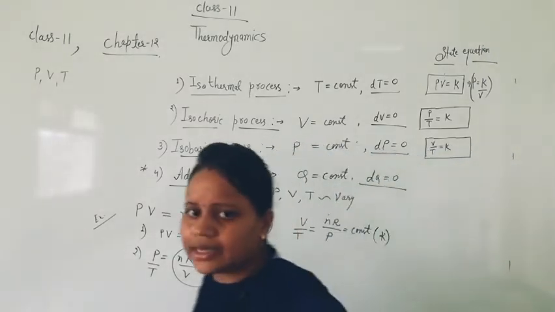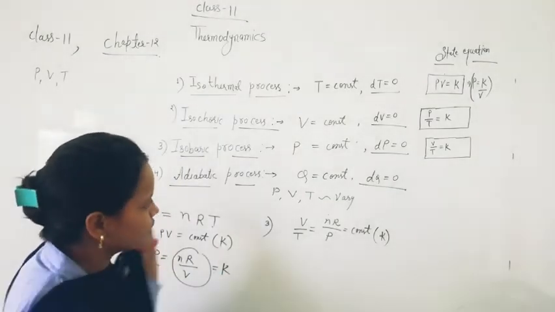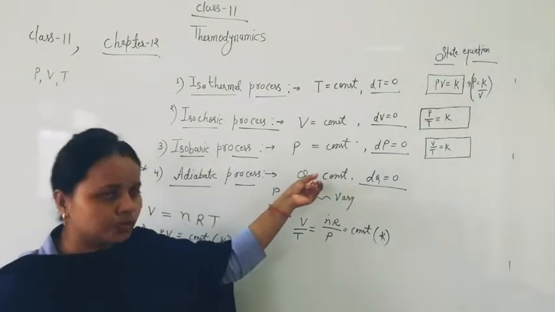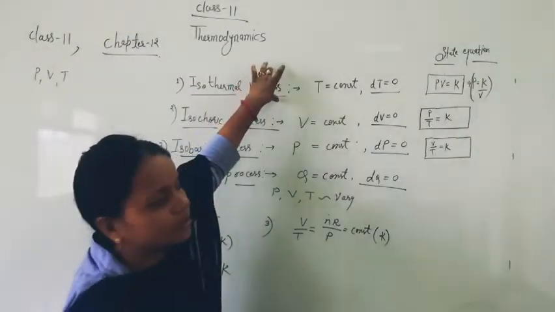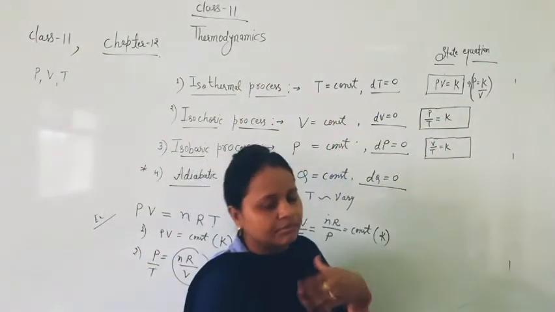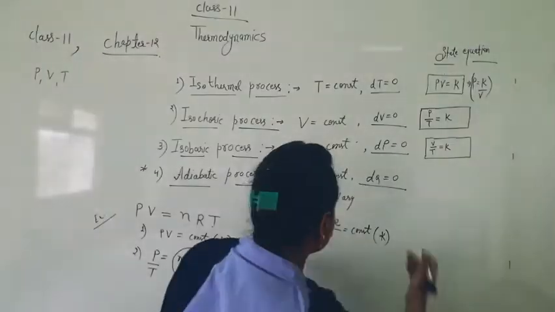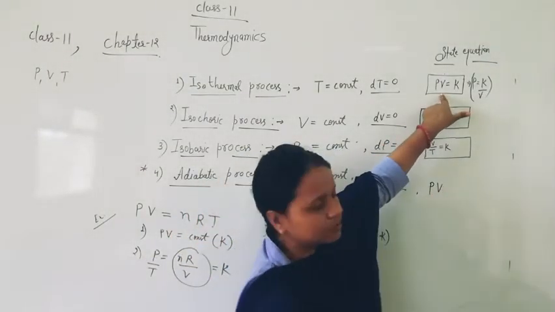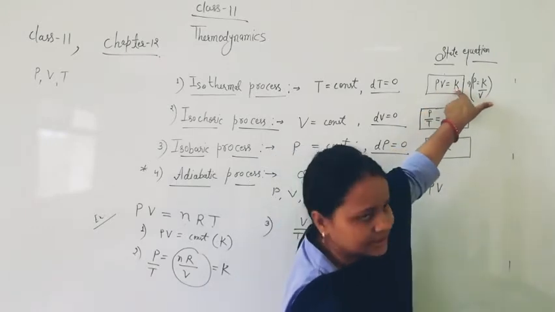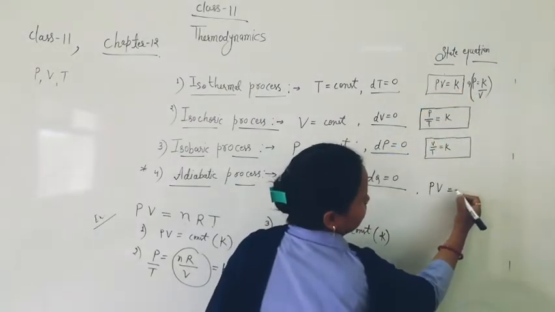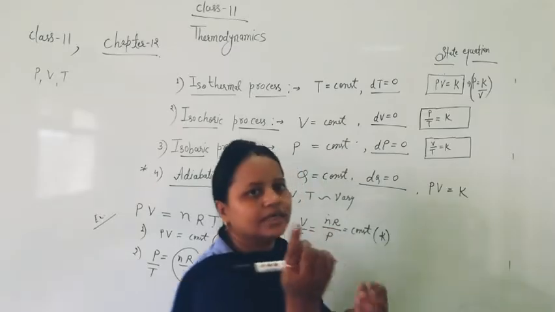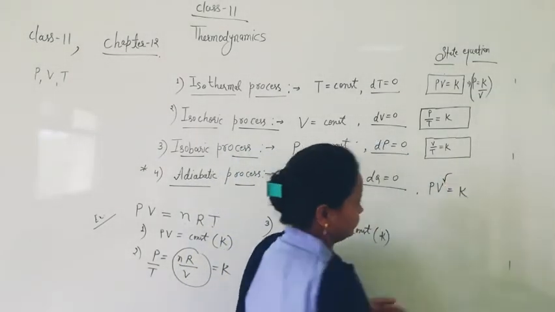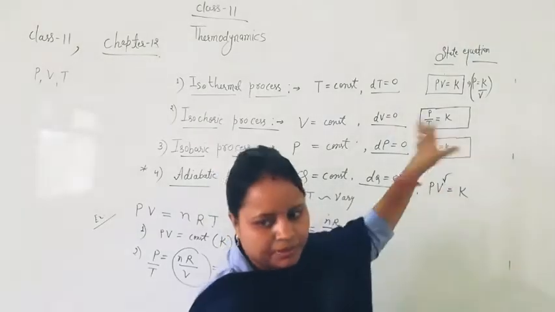Then, at the last, for the adiabatic process, we don't have any relation like the ideal gas equation for the heat Q. So the isothermal state equation can be modified for the adiabatic process. For the isothermal process, PV is equal to constant, but here the adiabatic ratio gamma is included, with V raised to the power gamma.